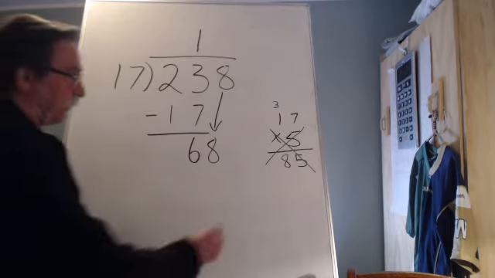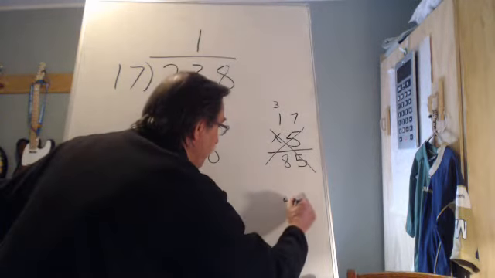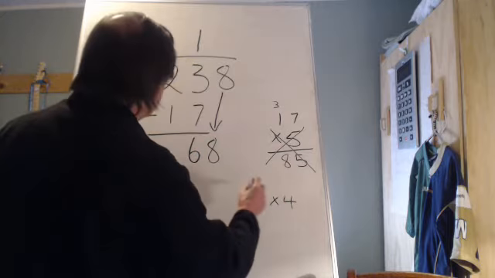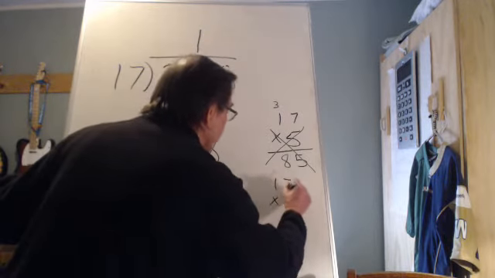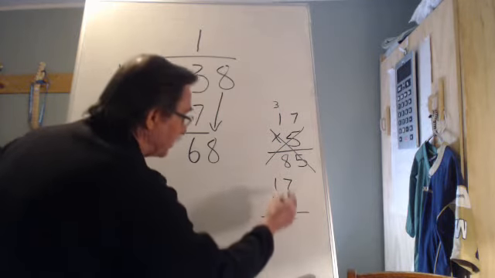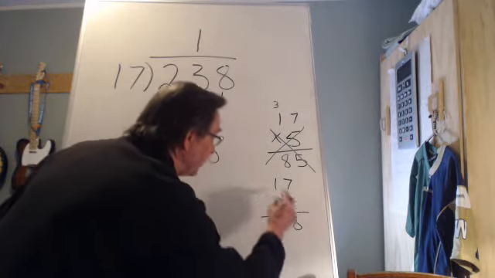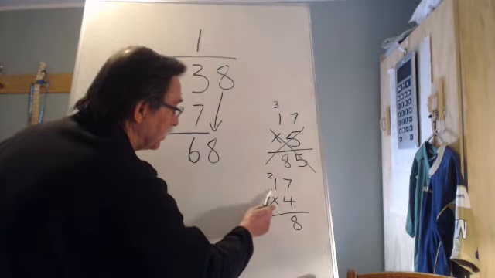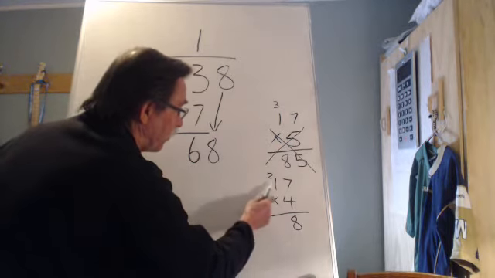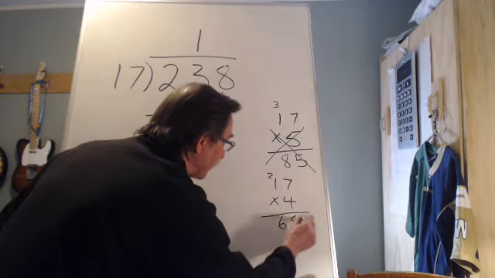What about a 4? 4 times, what are we multiplying by here? 17. 4 times 7 is 28. Oh, I think we might have it. 4 times 1 is 4 plus the 2 is 6. Ah, perfect. Dead on.